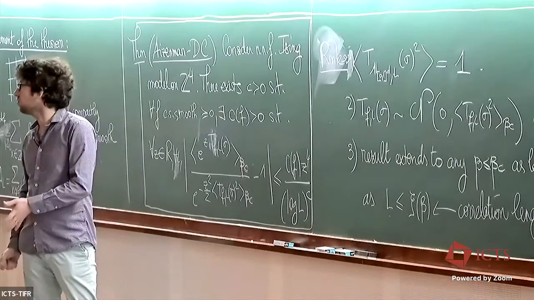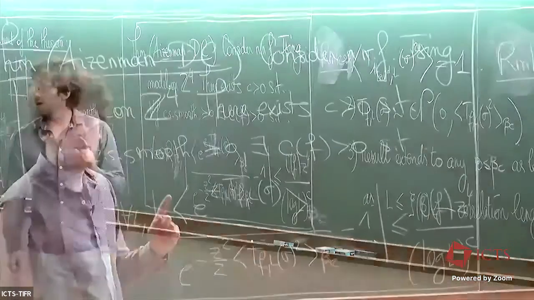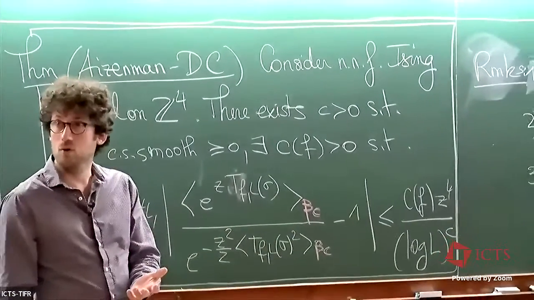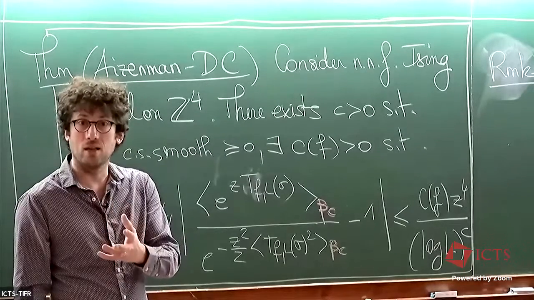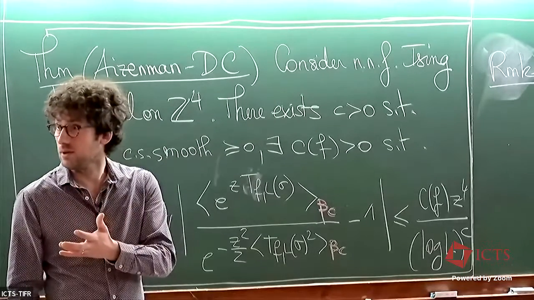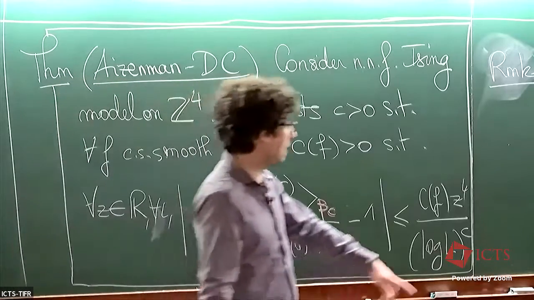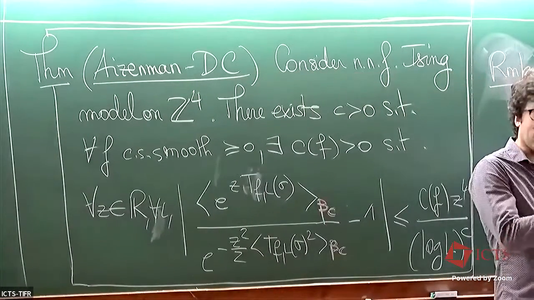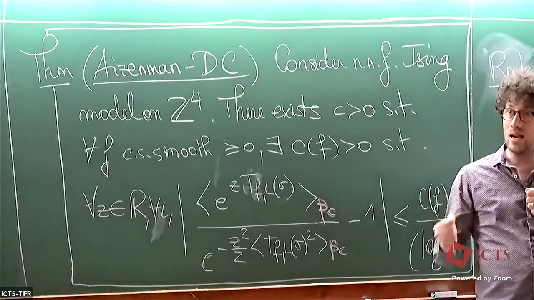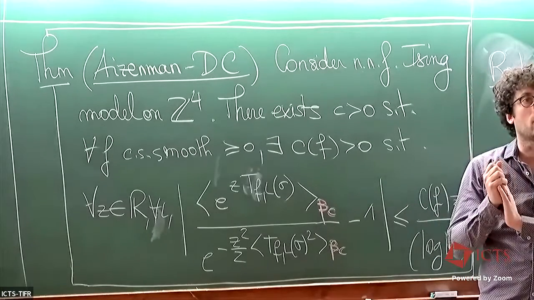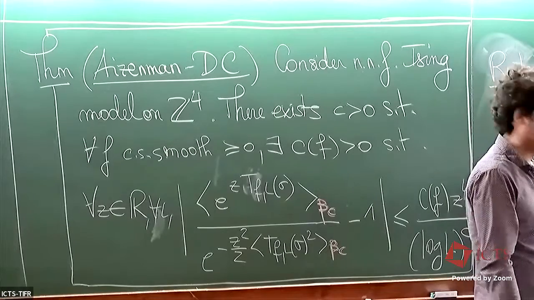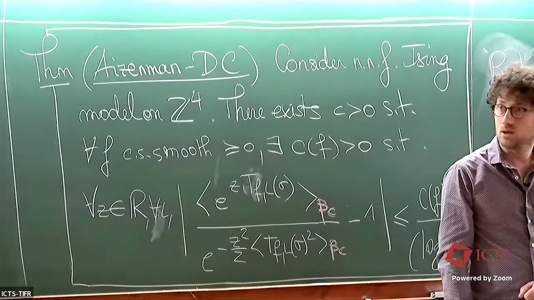In fact, it's a Gaussian free field. But you may want to obtain other types of Gaussian processes. In particular, you may want to obtain massive Gaussian free fields. And that you can obtain by taking double limits when beta tends to beta c and L tends to infinity, with L of the order of the correlation length. So it makes sense to actually extend the result to this regime.